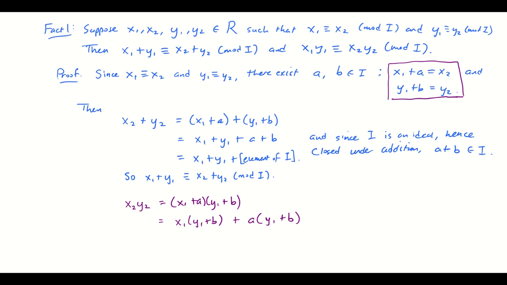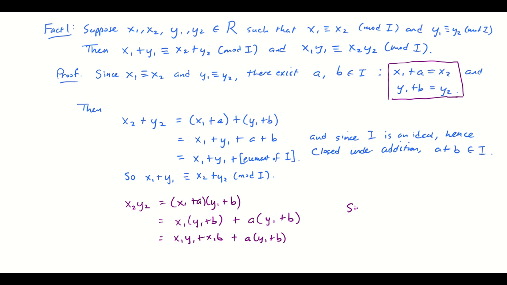And I'm going to do something kind of cute here. Rather than distribute the whole thing out, like I'm foiling it, I'm just going to distribute the first thing out. I'm going to get x1 y1 plus x1 b. And I'm going to leave this alone. Okay, why would I do that? Well, a and b are both members of the ideal, and the ideal absorbs all multiplication.